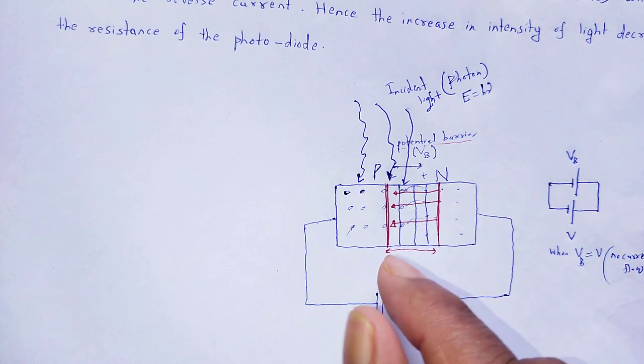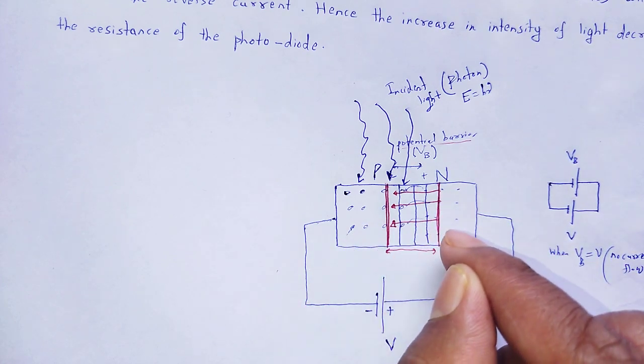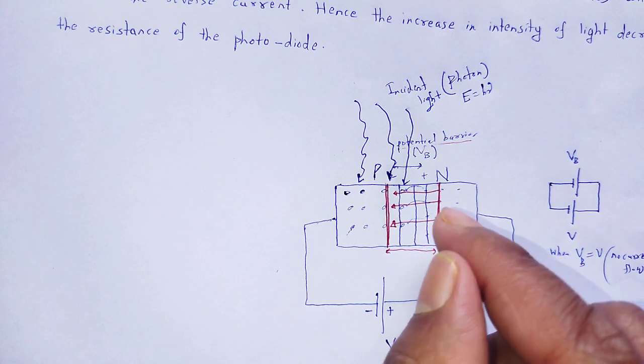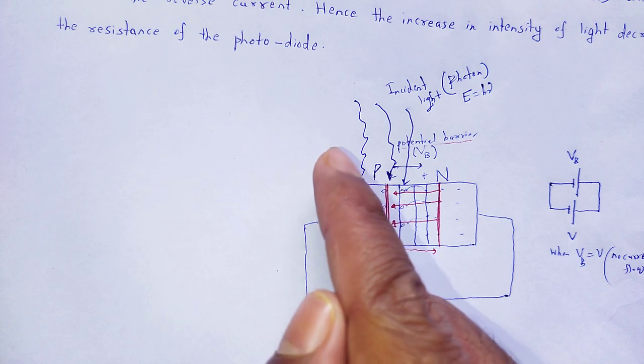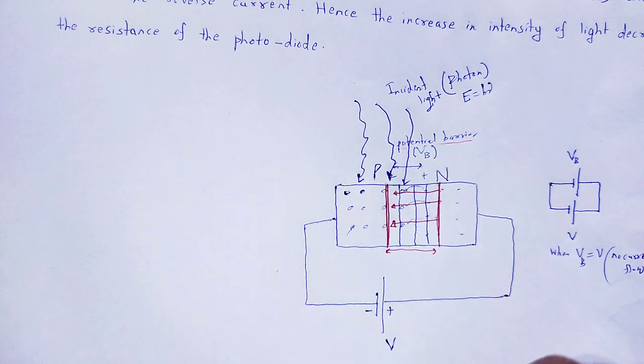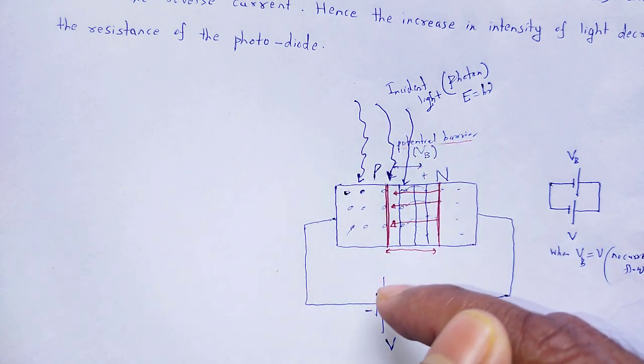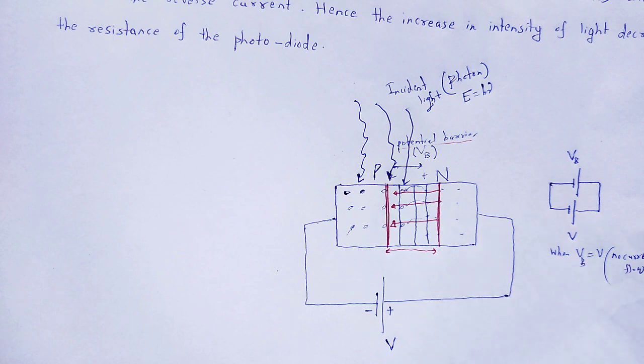As a result, the reverse current will flow through the PN junction diode. If the intensity of light increases, then the flow of reverse current also increases.